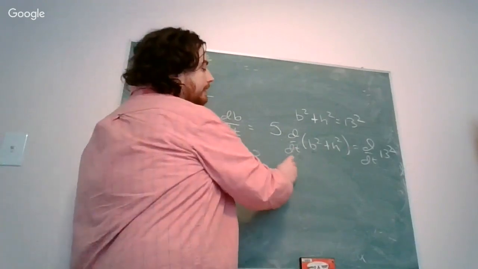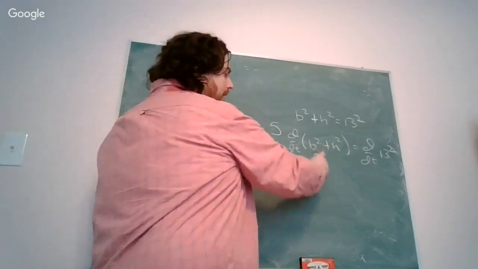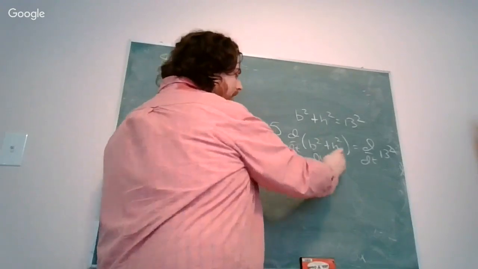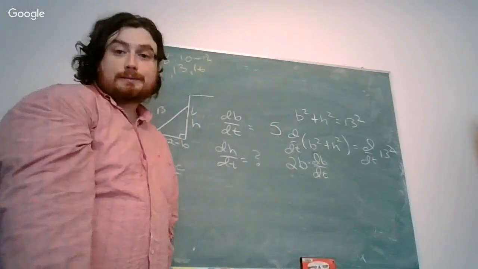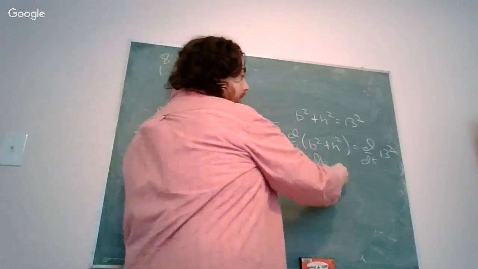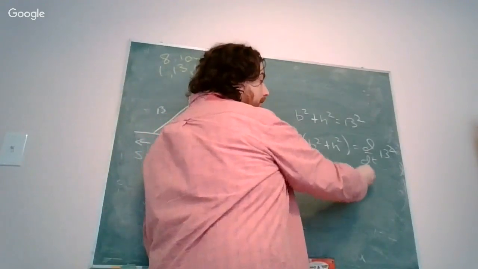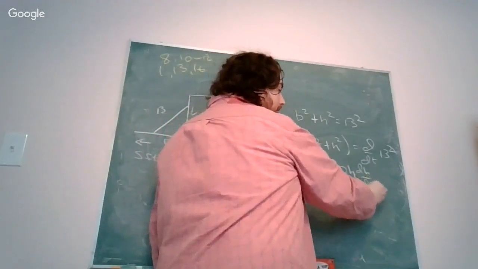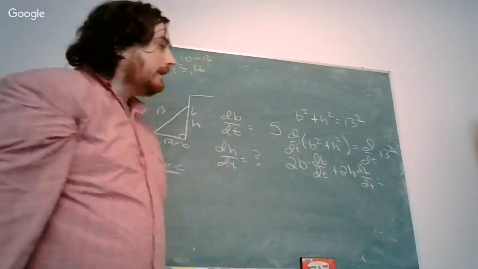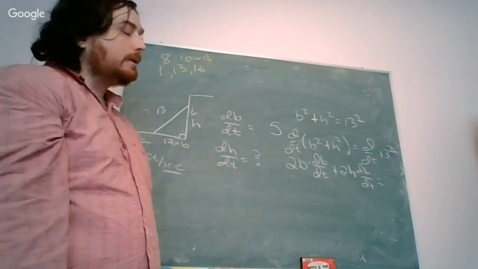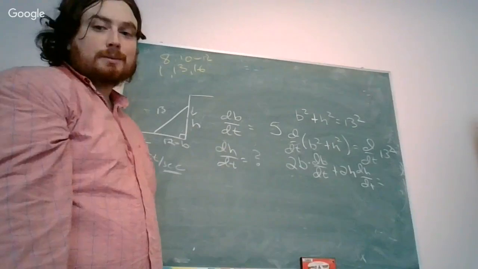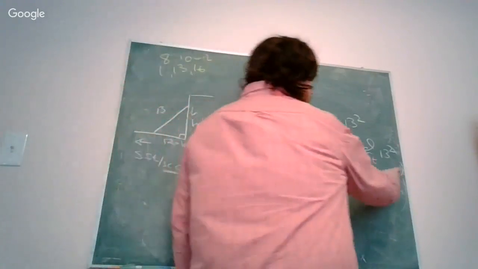So the derivative of b squared is 2b times dB dt. So I get 2b dB dt. The derivative of h squared is 2h dh dt because h is not equal to t. And the derivative of 13 squared, well, 13 squared is a constant, so the derivative is just 0.